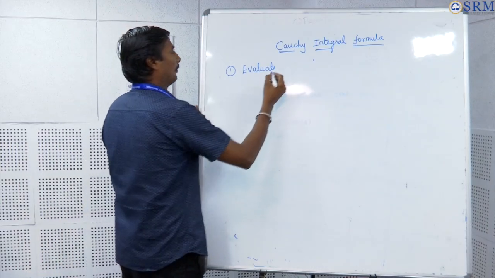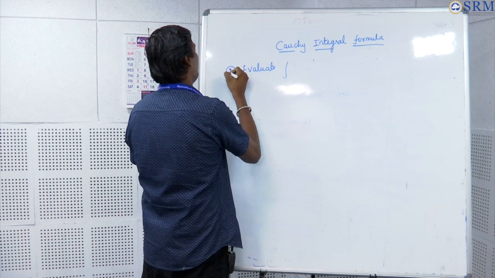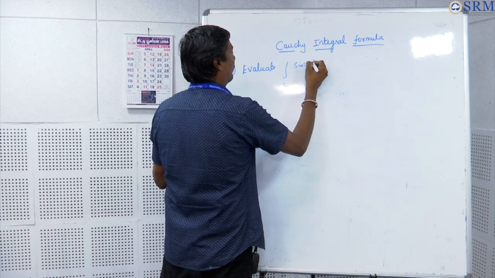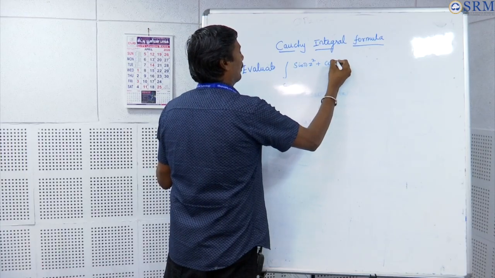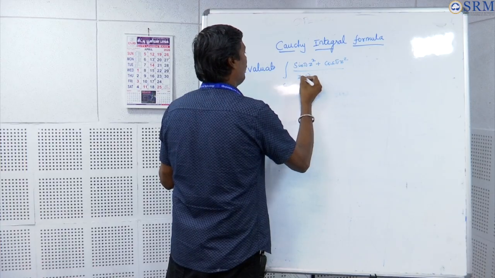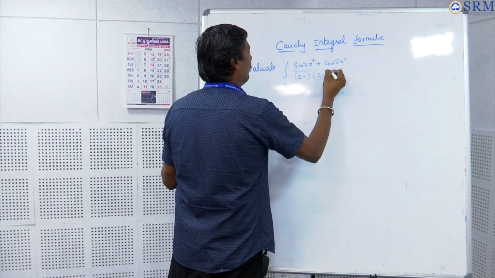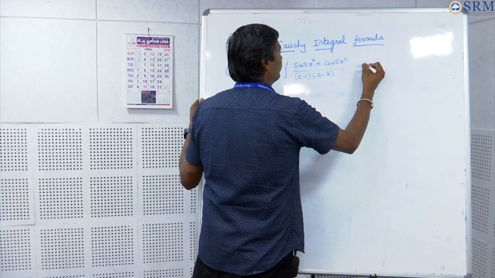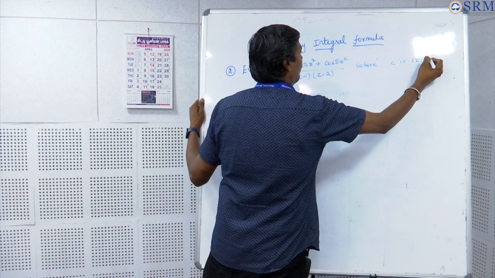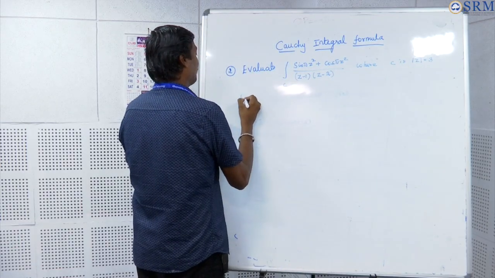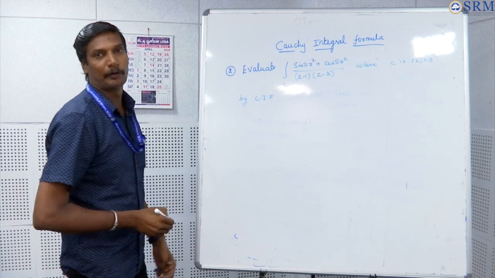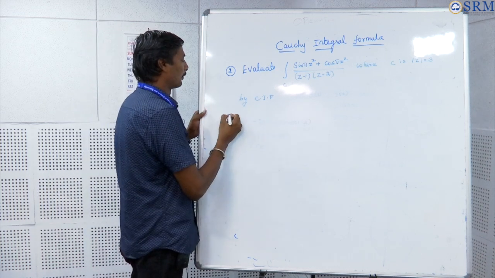The next question, question number 2, evaluate integral over C of sin pi z square plus cos pi z square upon z minus 1 into z minus 2, where C is modulus of z equal to 3, by Cauchy integral formula. Okay. Solution.